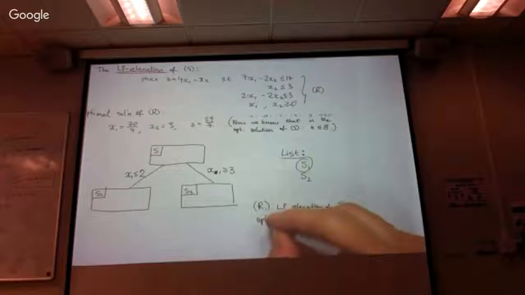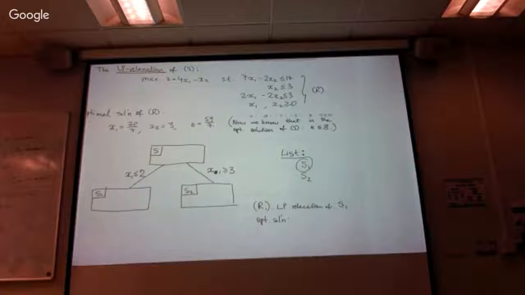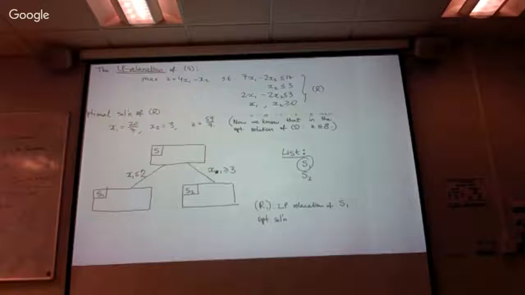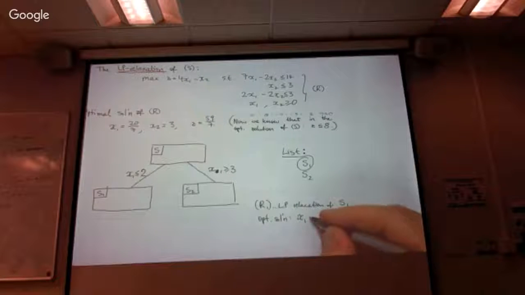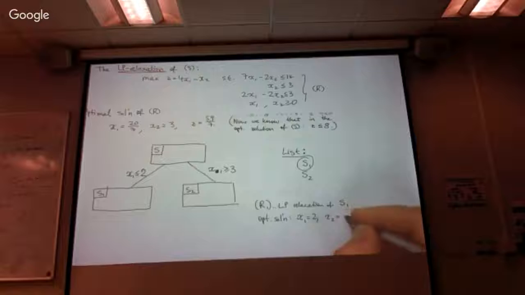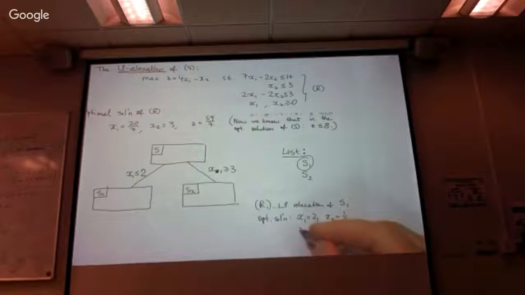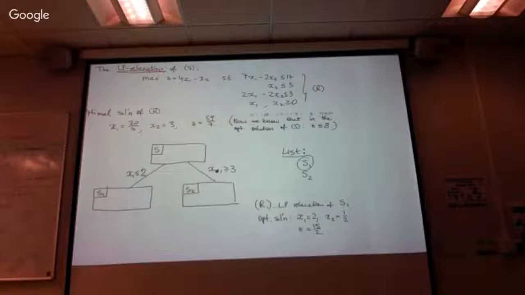And it has optimal solution, which I can't remember. x1 is 2 and x2 is 1/2 and Z is 15 over 2. Almost solved. But now it's starting to be interesting.